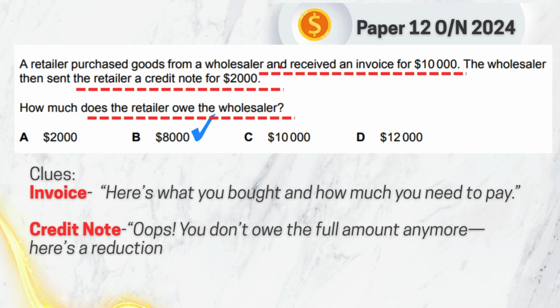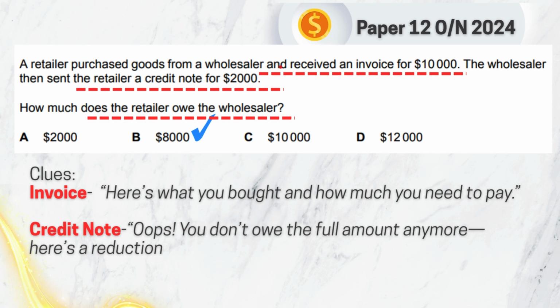It usually includes the items or services you bought, the total amount you owe, the payment details, and even the deadlines. So think of it as a restaurant bill, but for a business purchase.